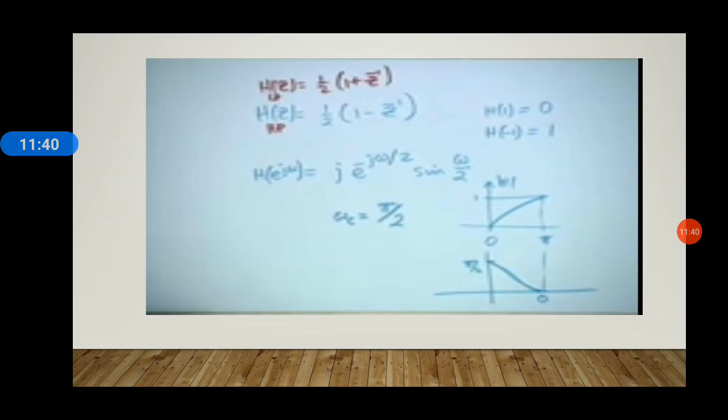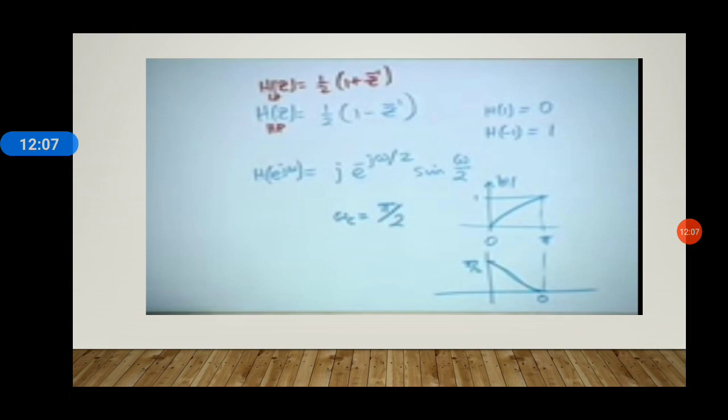Now H(z) is equal to half of 1 minus z to the power minus 1. This is an example of a high pass filter, because z equal to 1 yields 0. z equal to 1 means omega is equal to 0, and z equal to minus 1 means H(z) is equal to 1. So at omega equal to 0 this is 0, and at omega equal to pi it is 1.